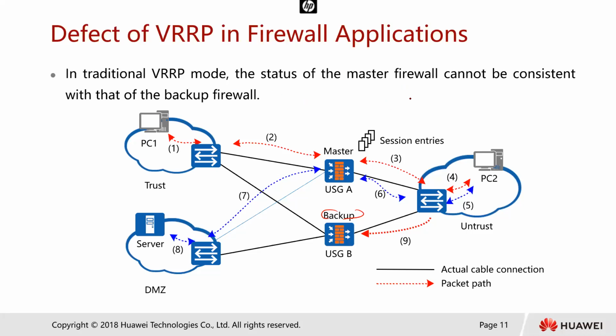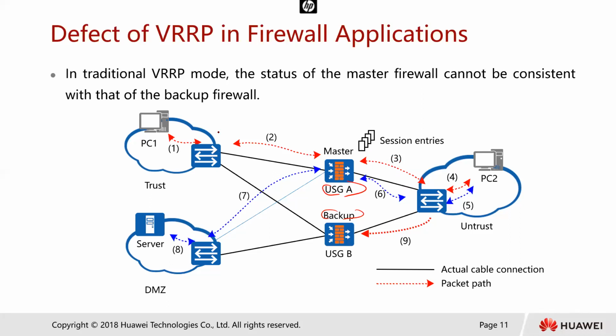And why? Just like you see in this figure here, assume that the VRRP status of our firewall A is the same as that of firewall B. Therefore, all the interfaces of firewall A are in the master state, and the interfaces of firewall B are in the backup state.